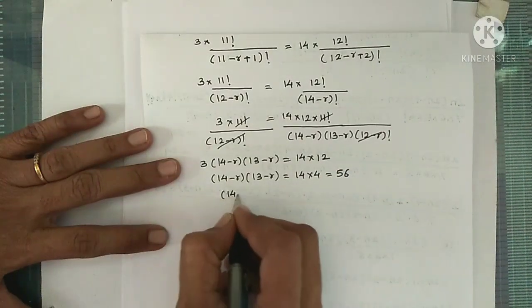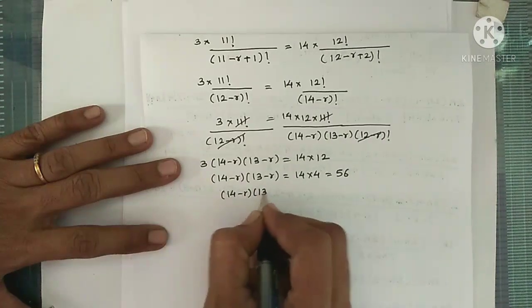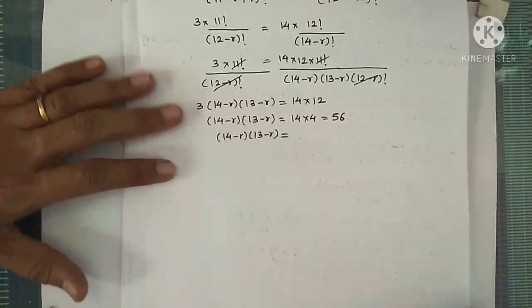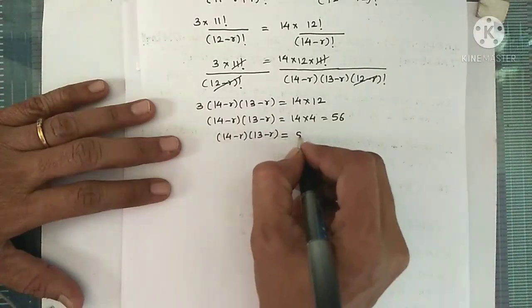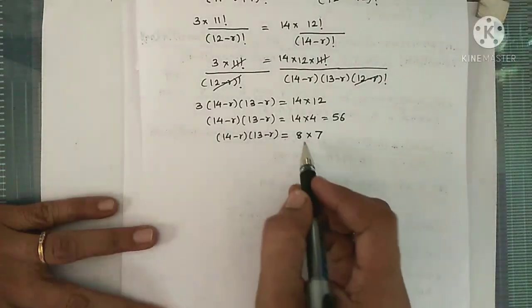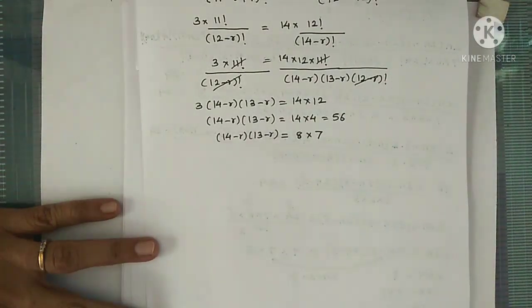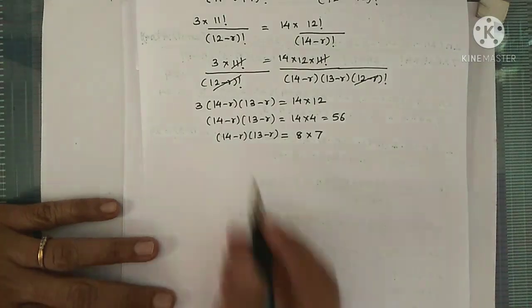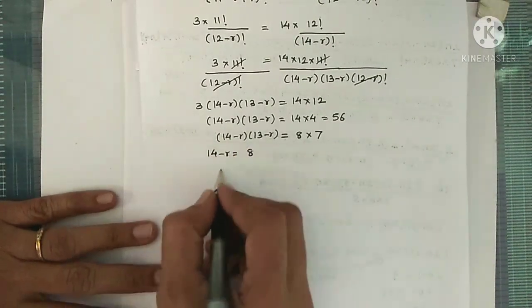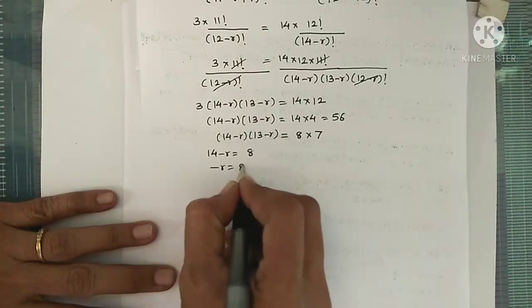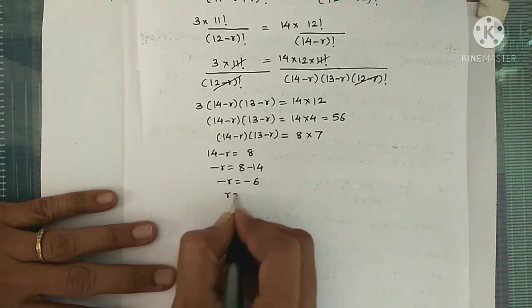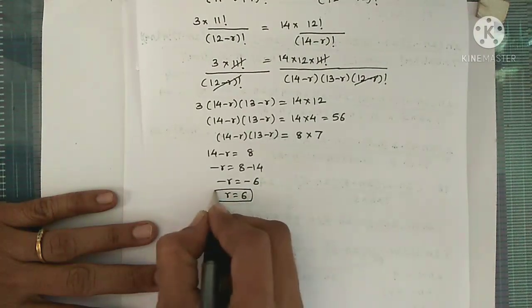So 14 minus r and 13 minus r are two consecutive natural numbers and their product is 56. 56 we can write as 8 into 7, the product of two consecutive natural numbers, and we have to write the bigger number first. So 14 minus r equals 8. So minus r is equal to 8 minus 14, that is minus 6. So the value of r is 6.